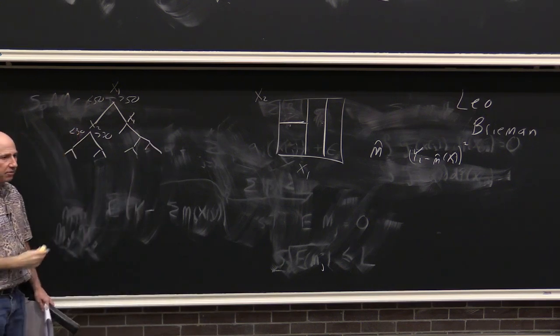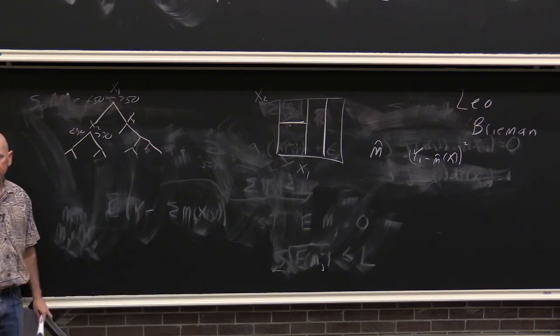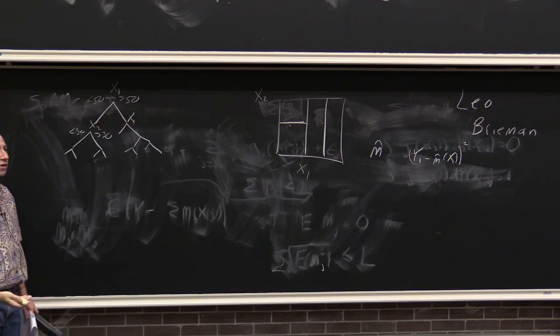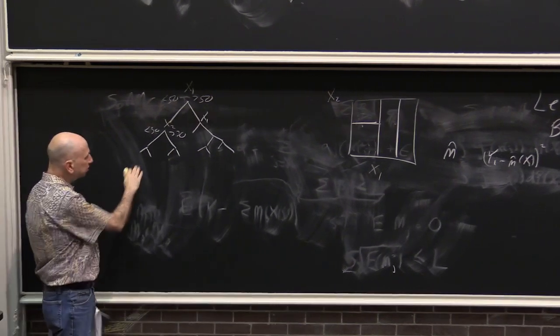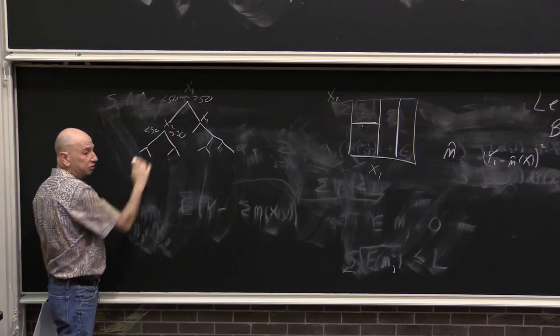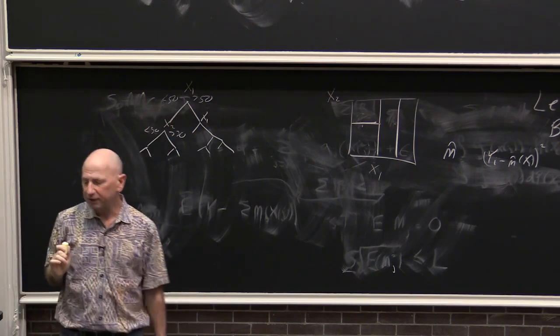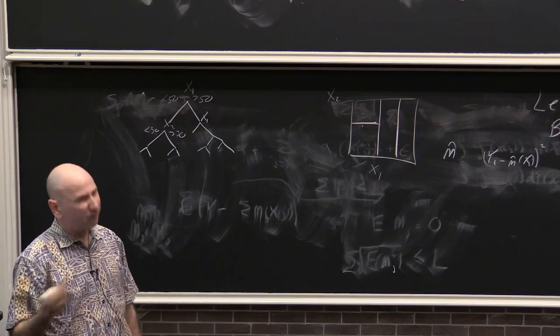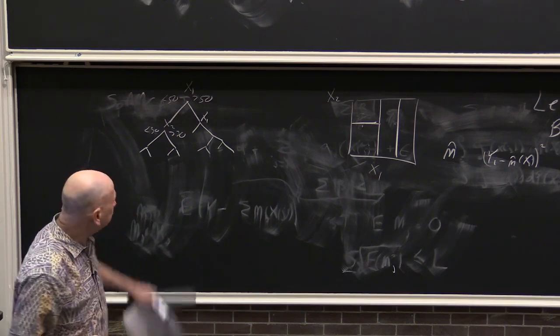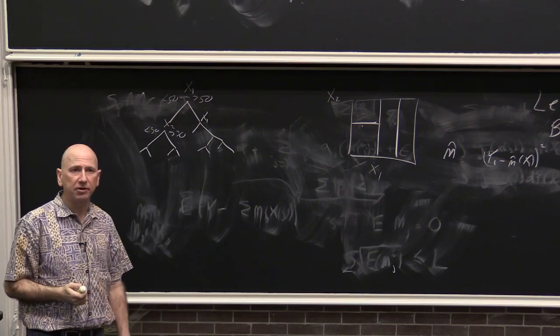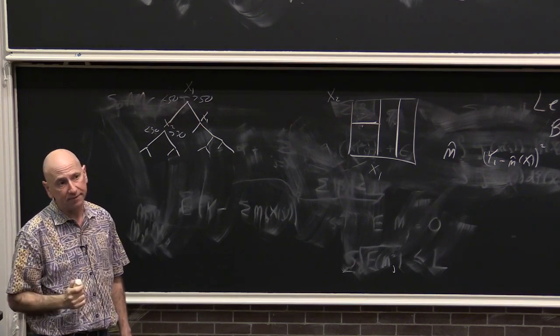The main tuning parameter, though, is how far to go down in the tree. So now you would do some sort of tenfold cross-validation to decide. You can prune your way back up the tree and estimate the prediction error with, for example, tenfold cross-validation. So the depth of the tree now becomes the tuning parameter, the complexity of the tree.